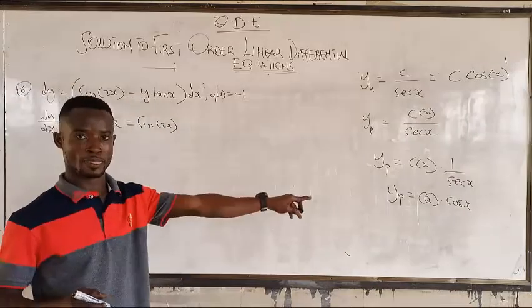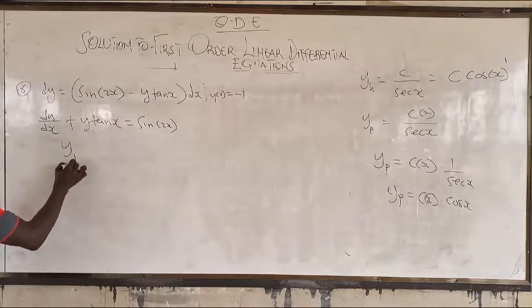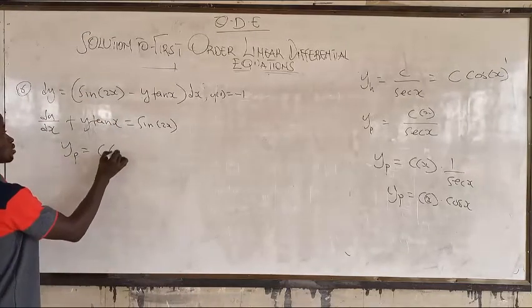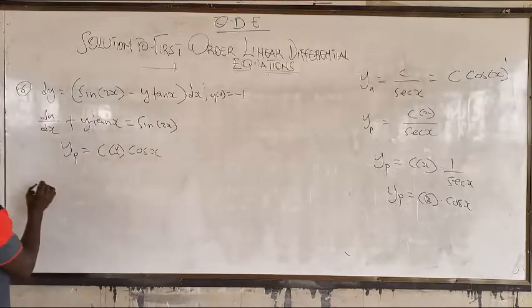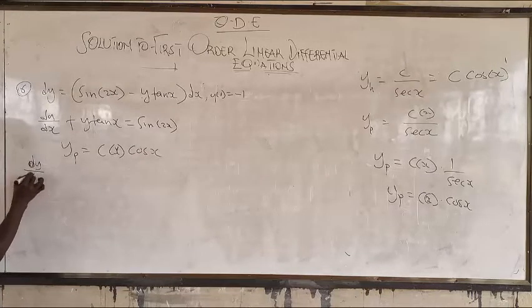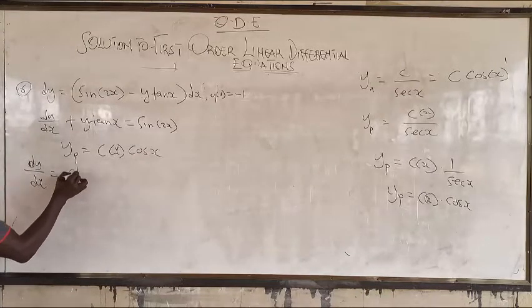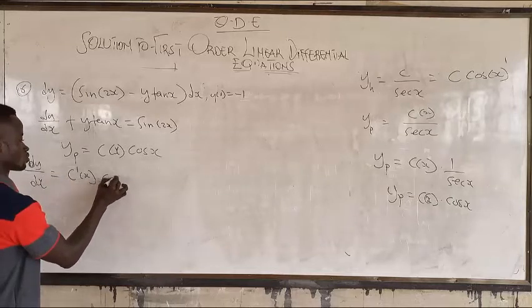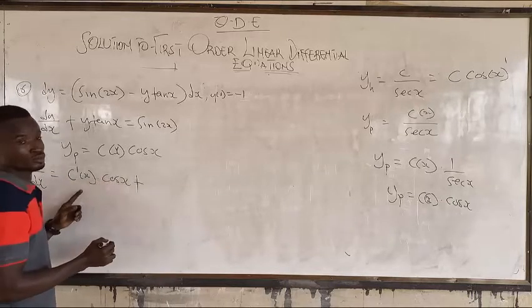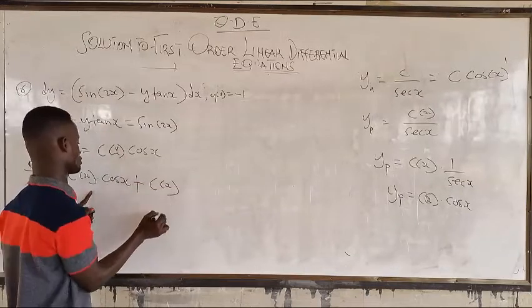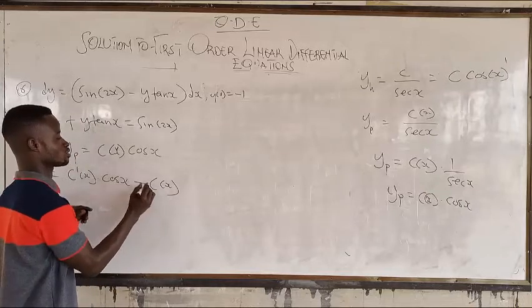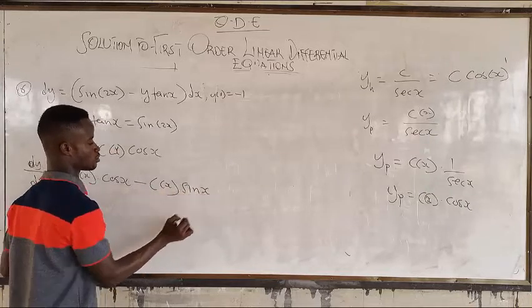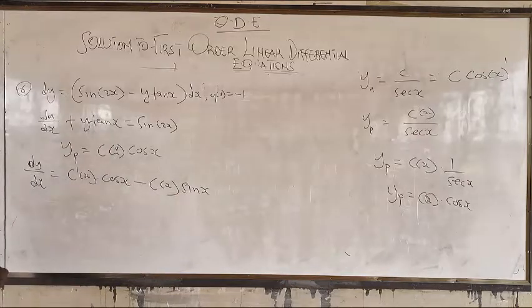Alright, so we pick y of p, product rule. Differentiate cos, you get negative sine, so here will be minus. If you don't make it minus, it will affect you when you're doing the substitution.